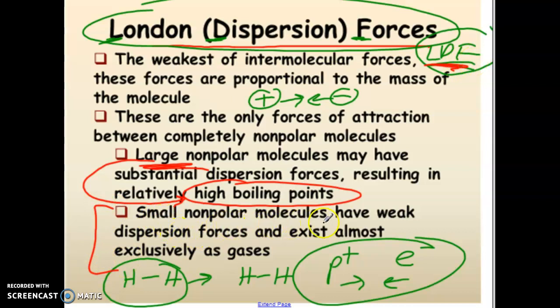Small nonpolar molecules have weak dispersion forces and exist almost exclusively as gases. So things that have weak attraction are gases. If they have a strong attraction, they have high boiling points. Wouldn't you guess it? Wouldn't you know it? Right? It's because of the attraction between particles.